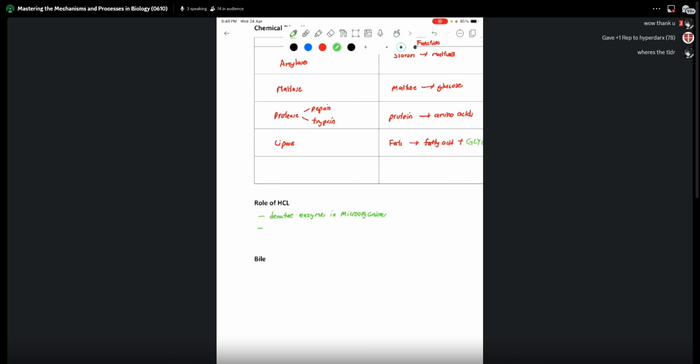And secondly is to kill the pathogen. And the third one is to give the optimum pH for pepsin activity. All right. So these are the three.